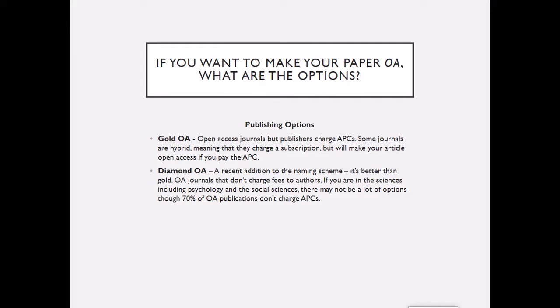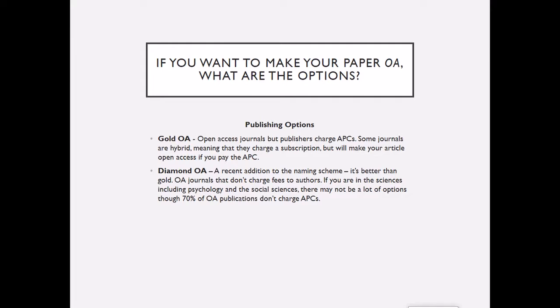So gold encompasses the publishers that basically just have open publishing, where you can pay, such as a hybrid like what I described. Since then, the people that are really into open access publishing were saying, well, that's really not that good, because you have to pay this big upfront fee. So they've come up with another one now called Diamond, because it's better than gold, even though it's not a color.